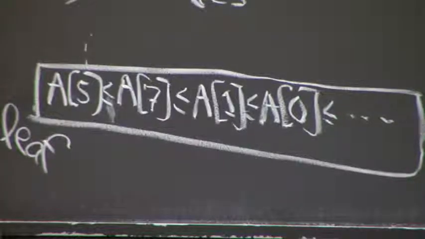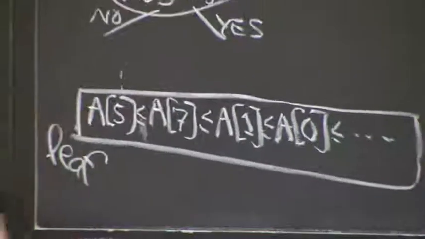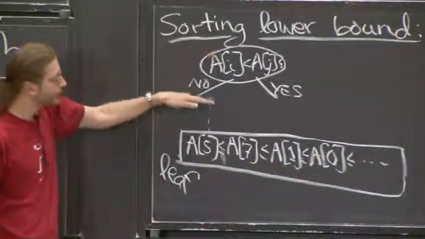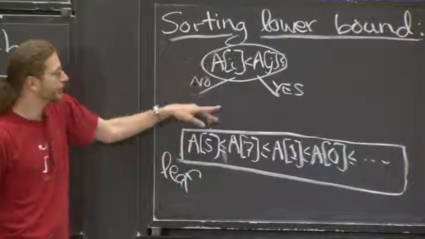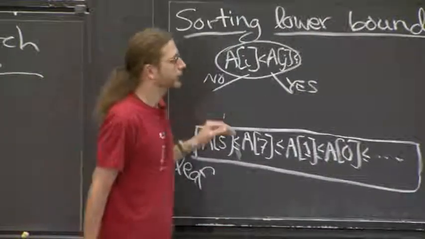We're not charging for this. We're only charging for comparisons. Maybe you've done swaps, but in the end, you know what the final order is, and so you just write it down. Your goal is to make enough comparisons that you figure out what the sorted order is. We claim the number of comparisons here has to be at least n log n. Why?